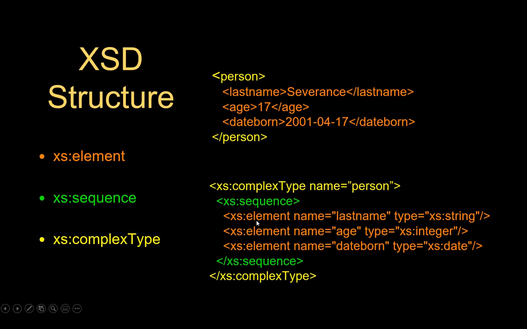Sequence means that we're going to have a couple of different elements. It's just not going to be one. And we have a complex type. A complex type is a tag which, in this case, has different elements. It doesn't have only one element. It has several different elements, and that's why it's called a complex type.